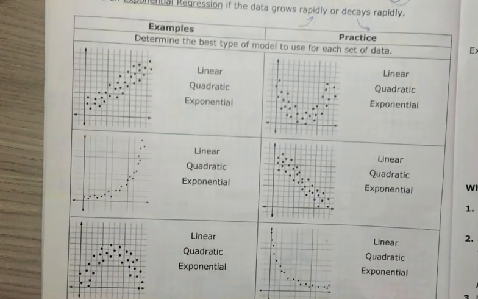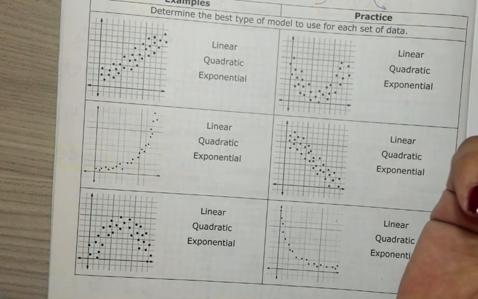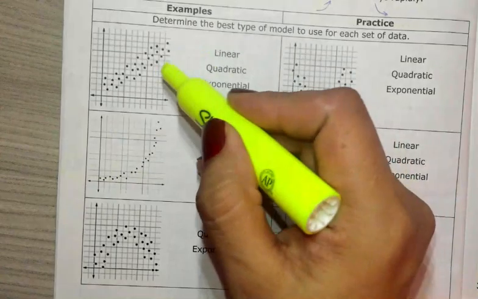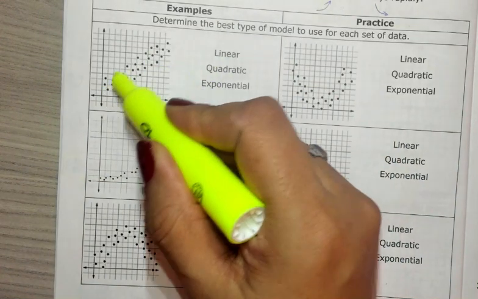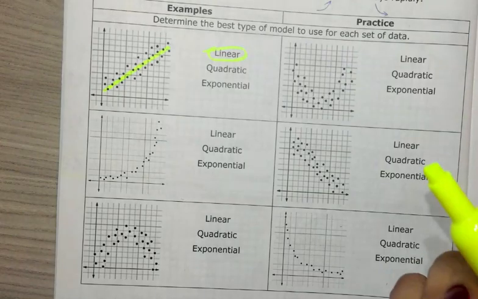So in these examples, this is again collecting data. People analyze the data once they have it in a graph, and then it's just predicting what type of regression is best. For this one, if you notice that all of them are just going in a line, that'll be linear.